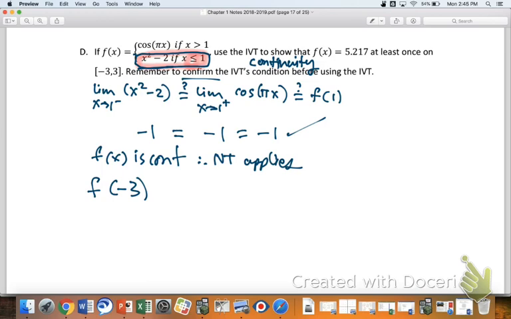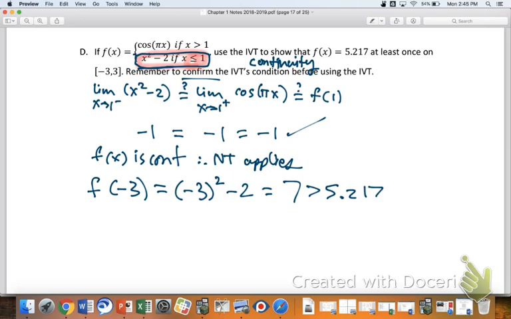So we could plug in -3 for the parabola. -3 squared minus 2 would be 7, right? So that's bigger than 5.217. So what other number could we plug in?